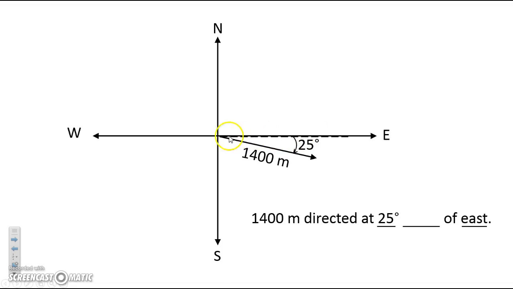We're using east to measure the angle. We're measuring that angle as 25 degrees down from east, so we're measuring it away from east. So then, finally, we look at whether we've moved up or down, whether we've gone north of east or south of east. We have gone south of east. So that is our basic process.